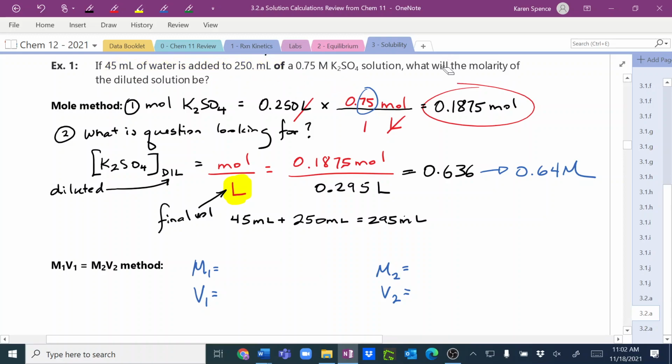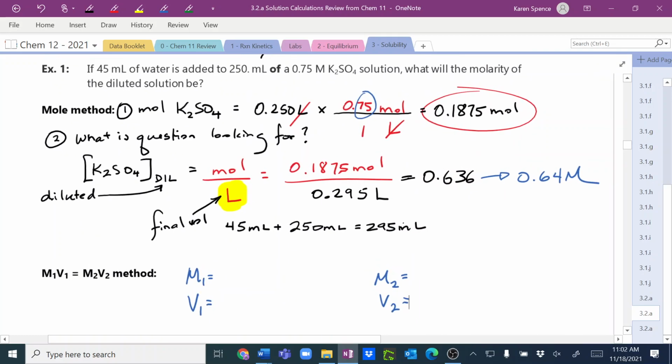I'm going to erase all my stuff up here. Going back to the question, M1 and V1, those have to be connected quantities, yes?